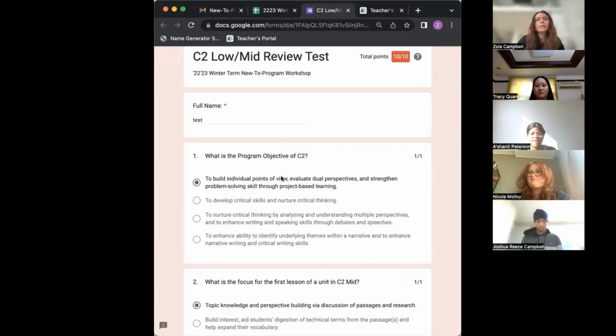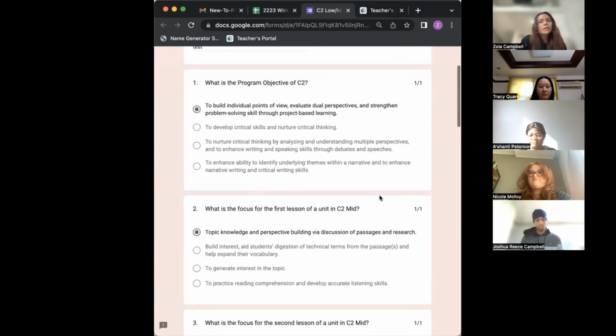So the program objective is to build individual points of view, evaluate dual perspectives, and strengthen problem-solving skills through project-based learning. So basically, for each lesson, you have 2 points of views about an issue, and then you're going to do discussion on that and then do a project. So you want to look at those different perspectives.